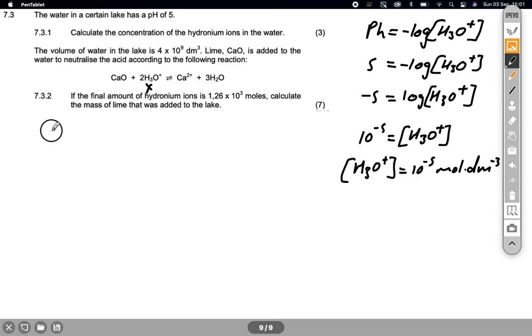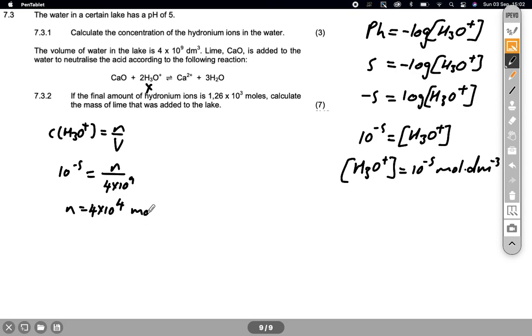So we're going to say concentration of hydronium ions equals n over V, and then our C is 10 to the negative 5.7. We don't know what our n is. And then our V is 4 times 10 to the power 9. And then you cross multiply to solve for n, and your n should be 4 times 10 to the power 4 moles.